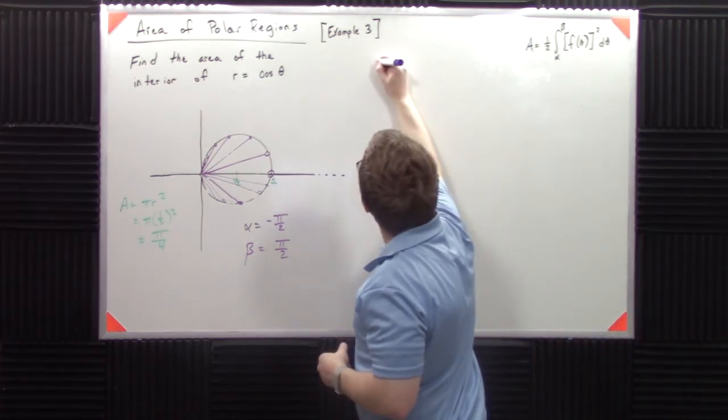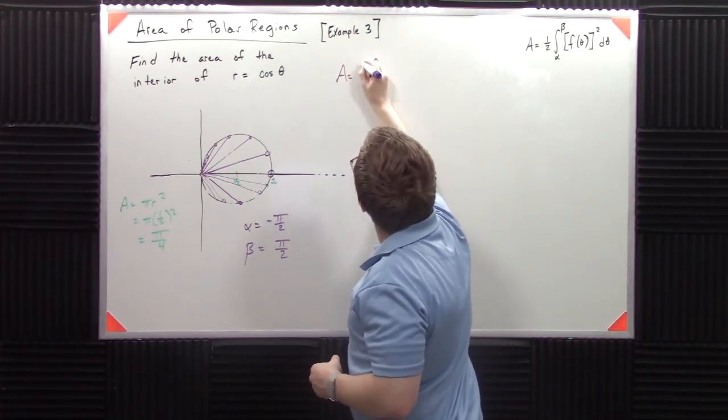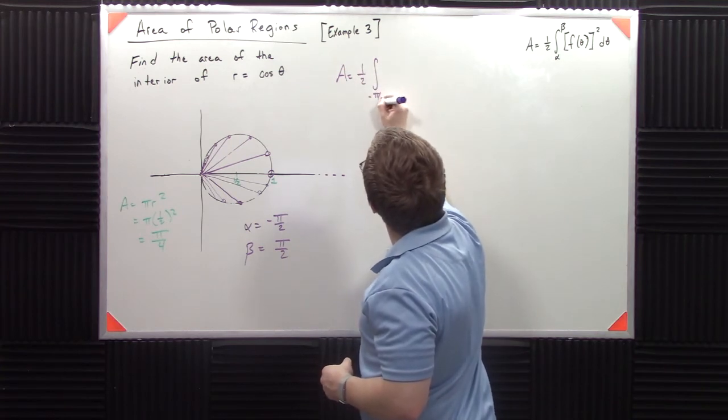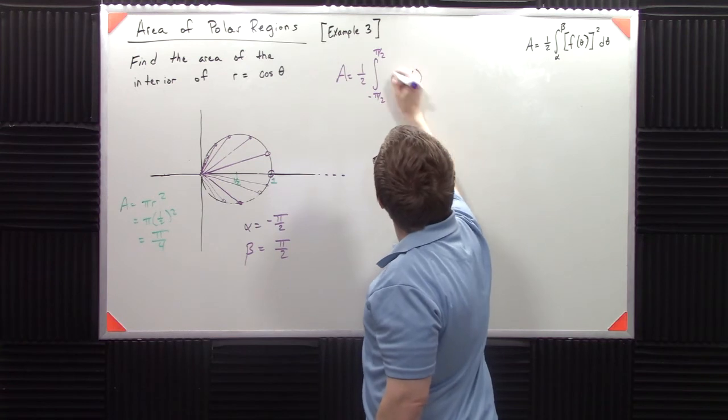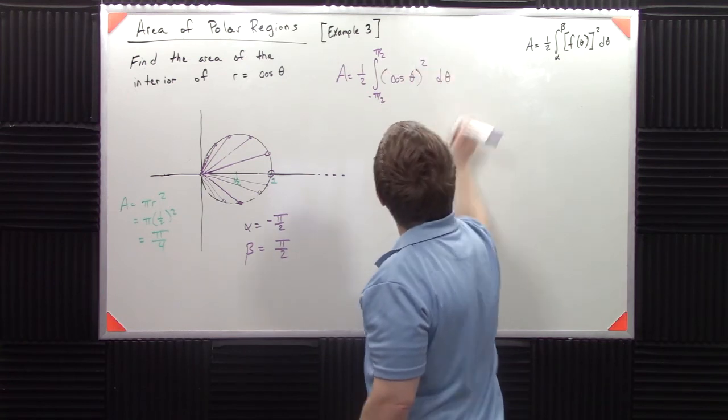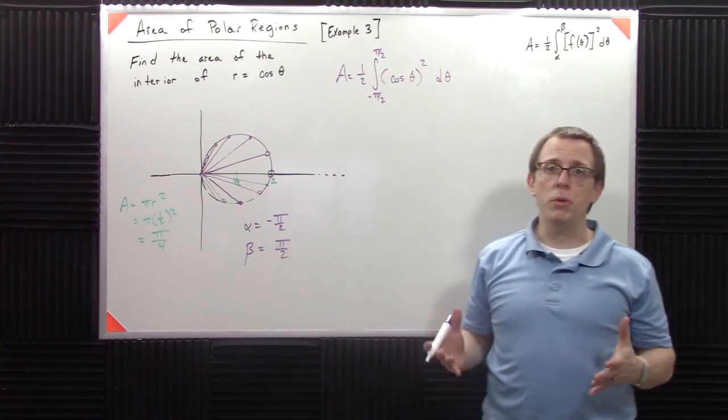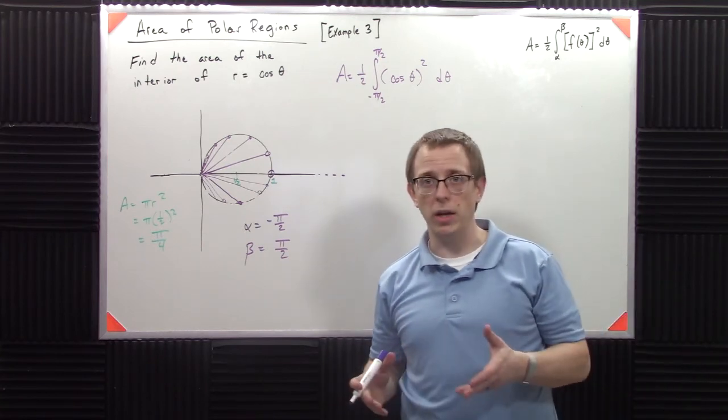I say, all right, my integral is 1/2 from negative pi over 2 to positive pi over 2 of cosine theta squared d theta. Now, a very common thing you're going to do here is use the double angle identity.